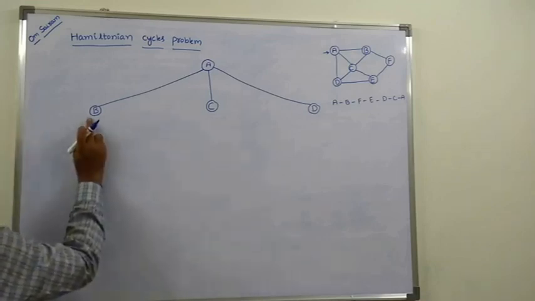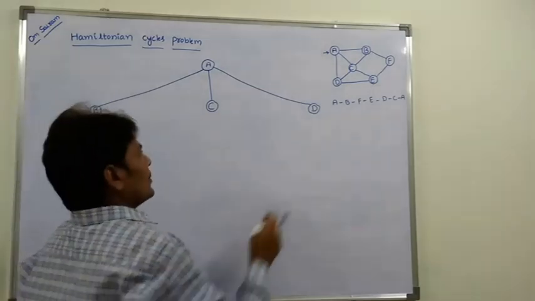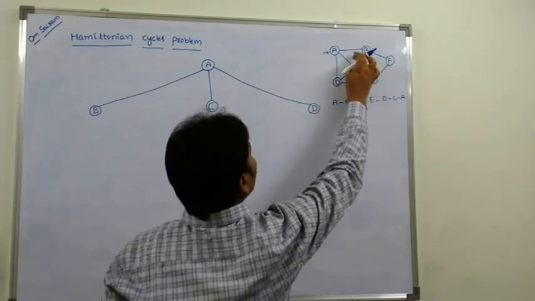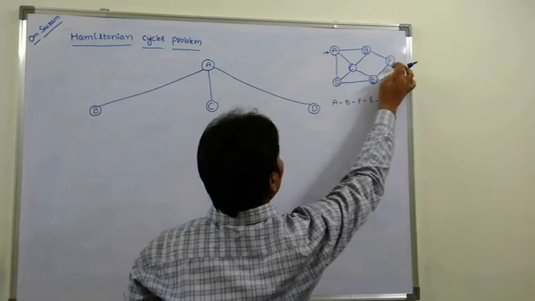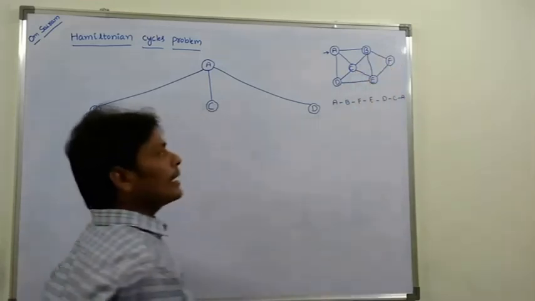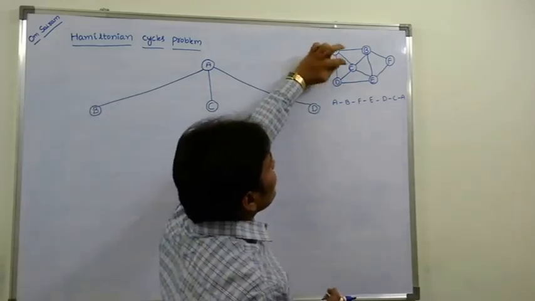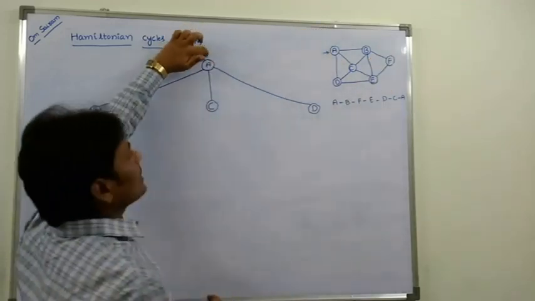Now consider the vertex B. What are the adjacent vertices for vertex B? B is connected with A, B is connected with C, B is connected with F, and also B is connected with E. So the adjacents for B are A, C, E, F. But A is already visited.